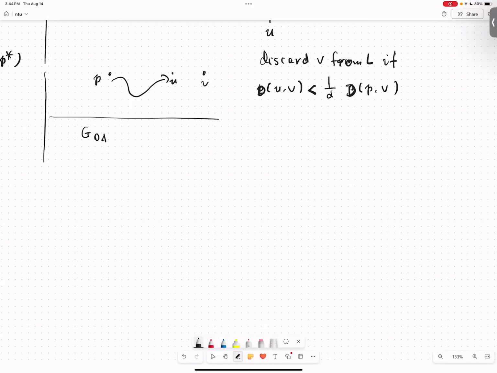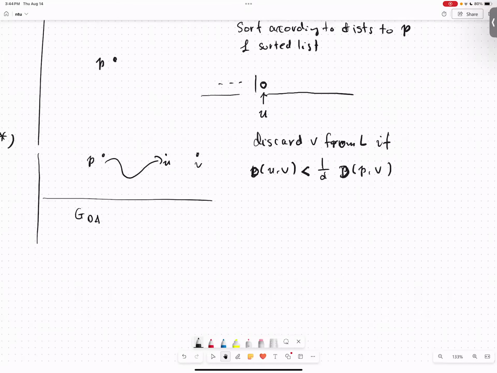As you can see, this is how the graph is constructed. Let's summarize the key property from this algorithm, the so-called shortcut property.